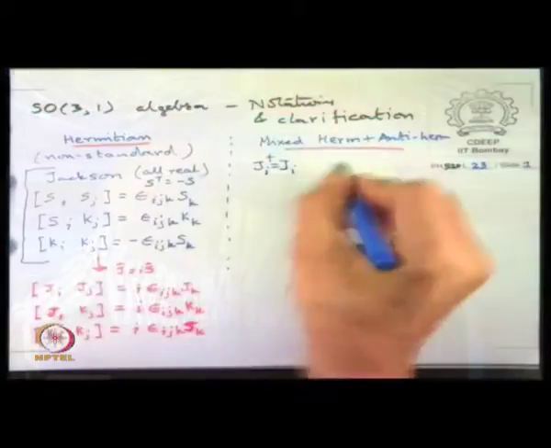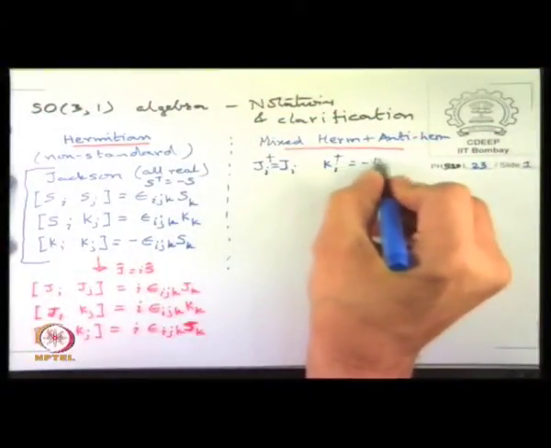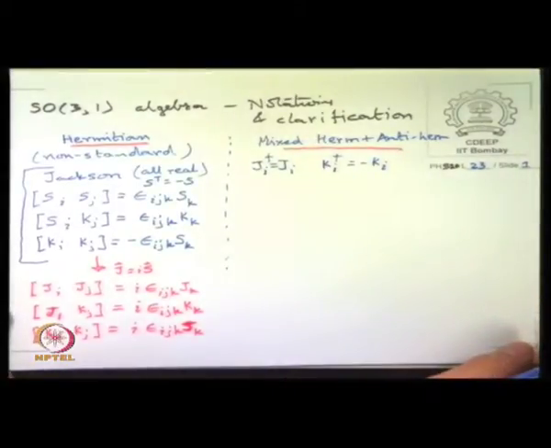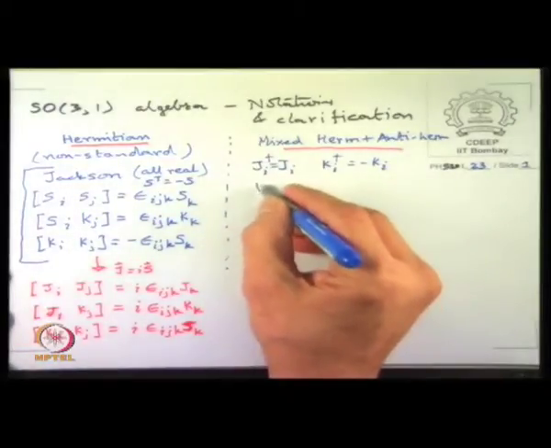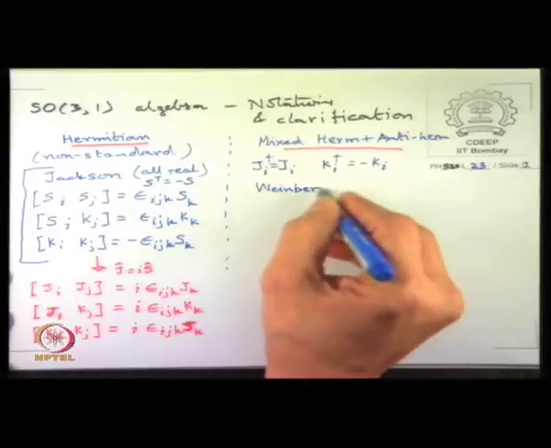So we will not try to write any matrix representation, but I will just say that in this case, the J are Hermitian, but K are anti-Hermitian. This you can find in Weinberg, Quantum Field Theory Volume 1.